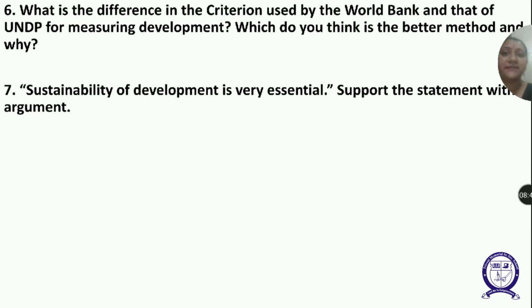According to that, rich countries, that is countries with per capita income of US dollar 12,056 per annum and above in 2017, are called rich countries. Low income countries, with per capita income of US dollar 955 or less, are called low income countries.